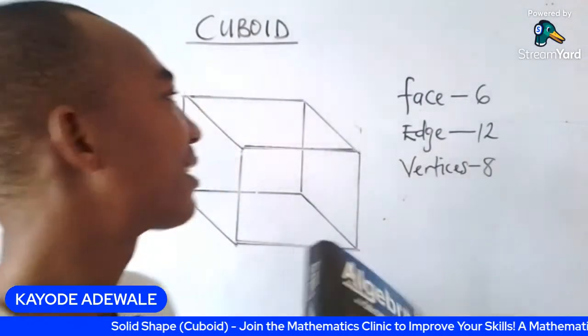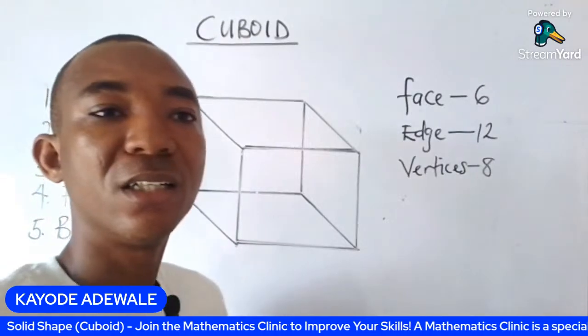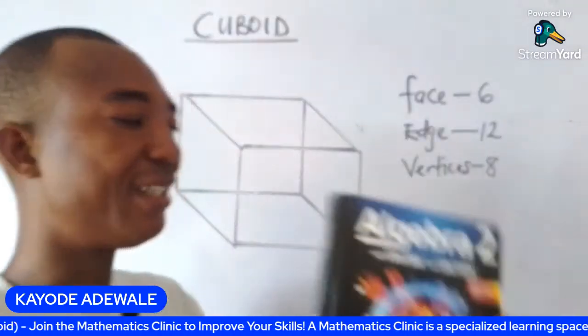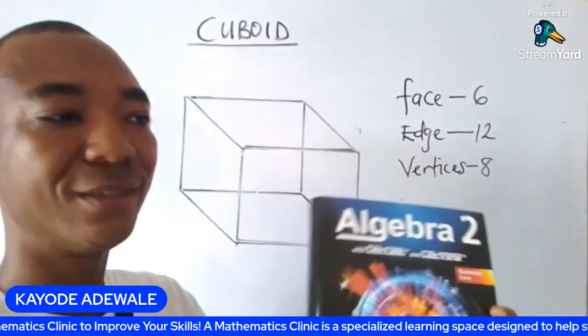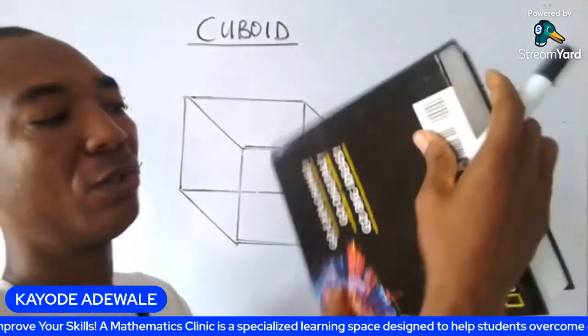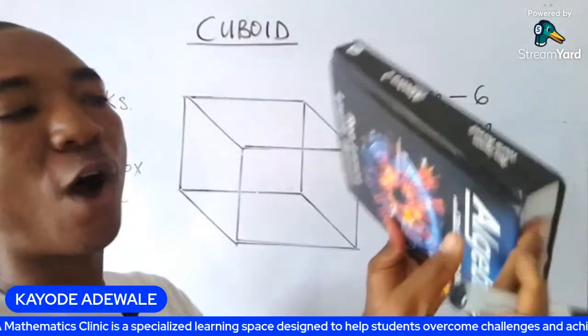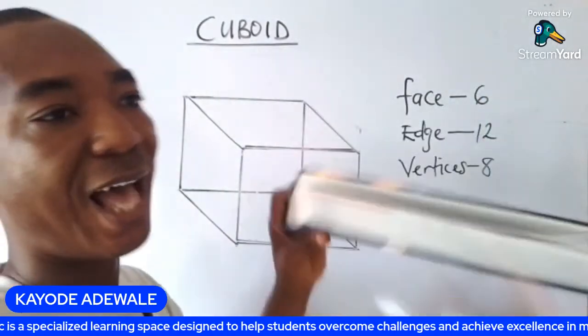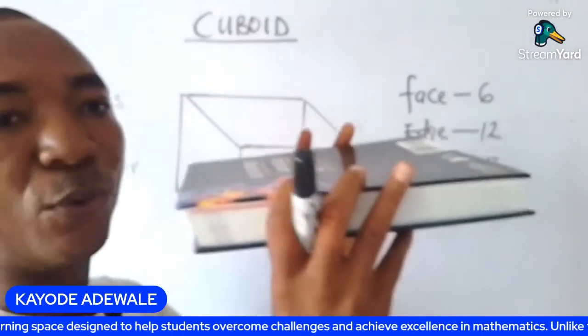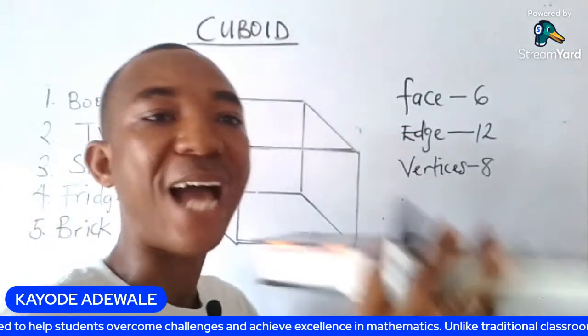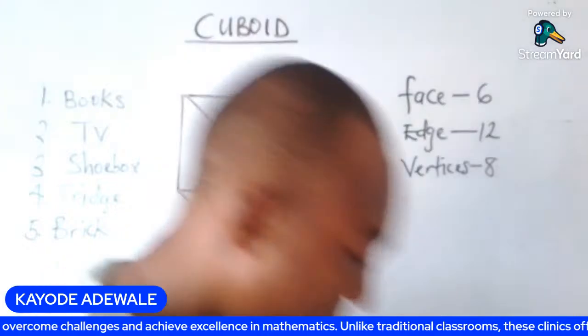A cuboid has 6 rectangular faces. Let's use this textbook. 1, 2, 3, 4, 5, and 6. So with my book, it shows a cuboid has 6 rectangular faces.